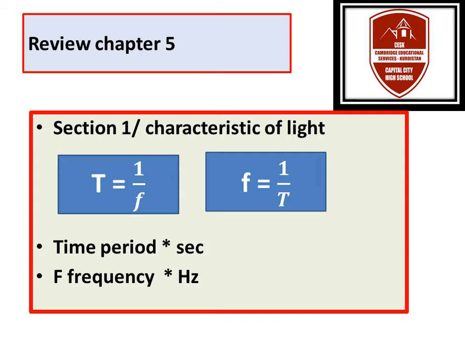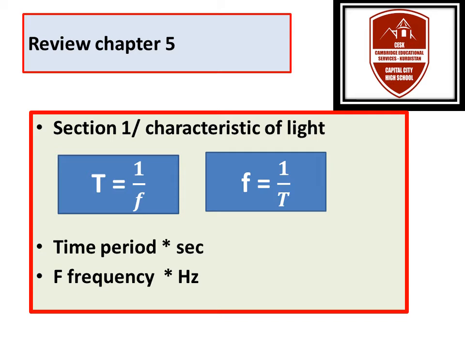Characteristics of light. Of course, light is an electromagnetic wave, it has a time period. Time period equals 1 over f. What is f?